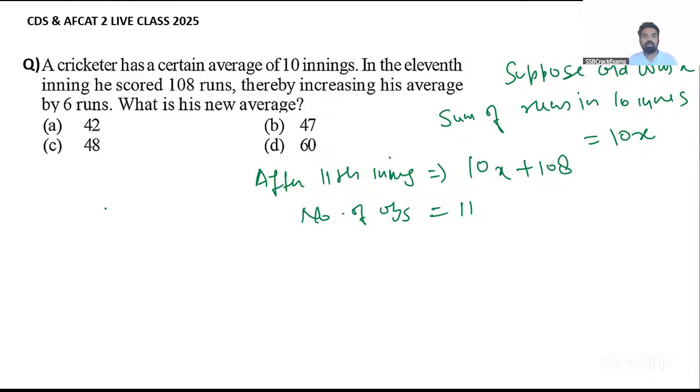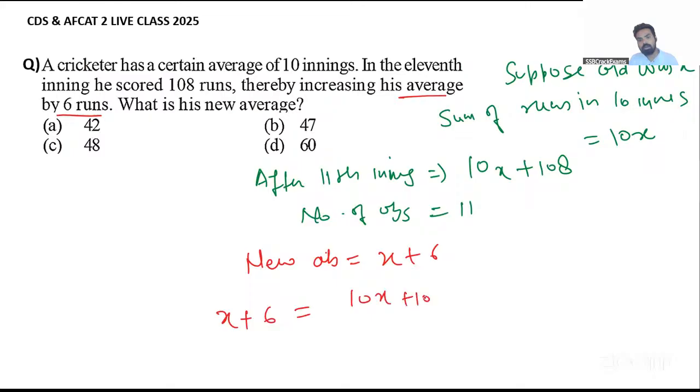So suppose the old average was x. He is saying it is increased by 6, so the new average is x plus 6. Now x plus 6 is equal to (10x plus 108) upon 11.